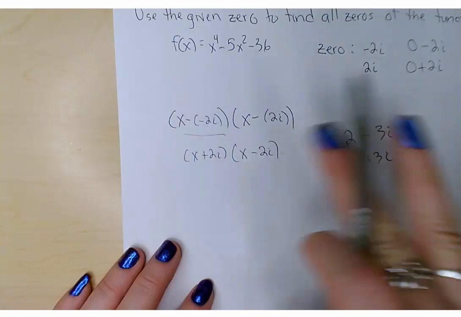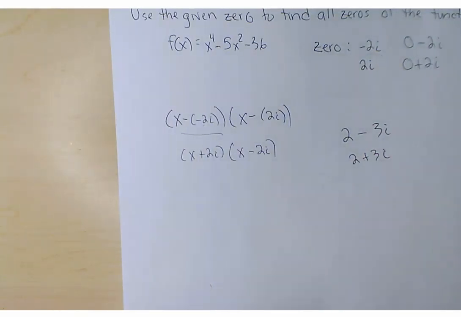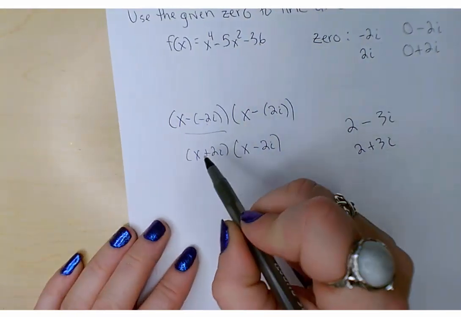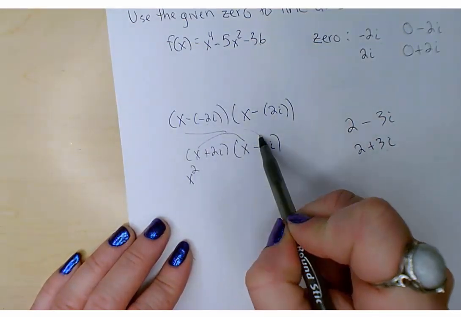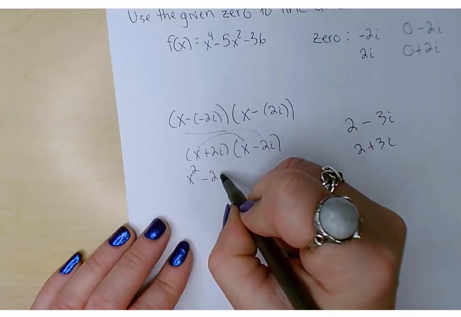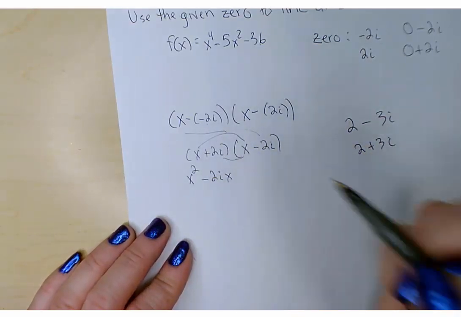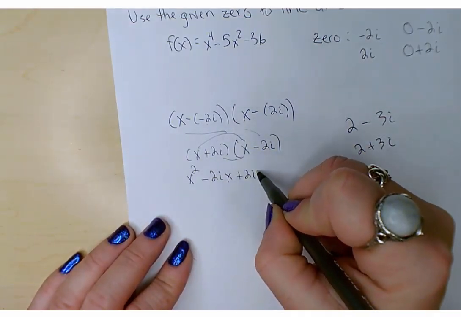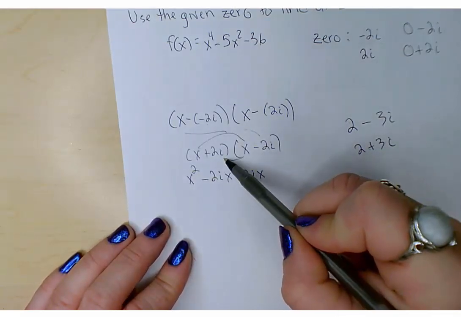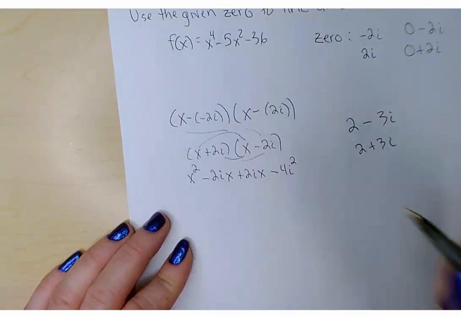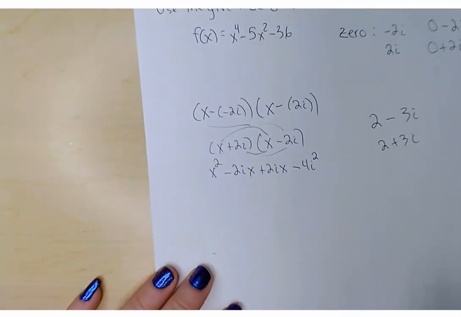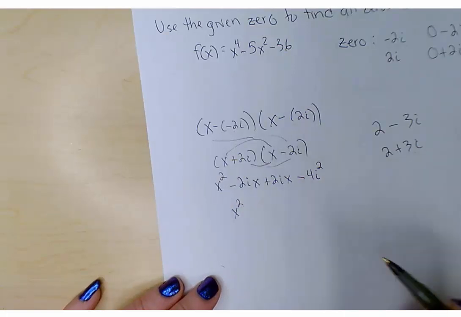Go ahead and multiply this. Distribute this, FOIL it, multiply it however you like. I'm going to distribute. X times x is x squared. X times negative 2i is a negative 2ix. Distribute the 2i to get a positive 2ix. And positive 2i times negative 2i is a negative 4i squared. Simplifying here, drop down the x squared.